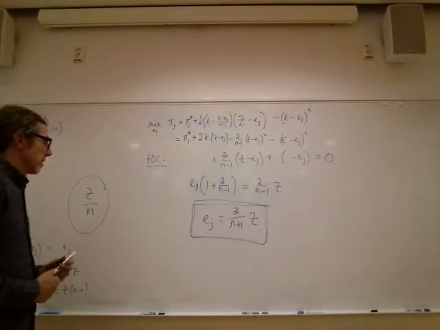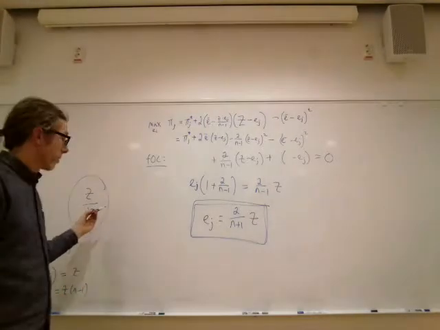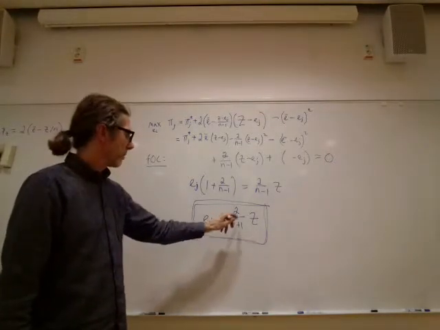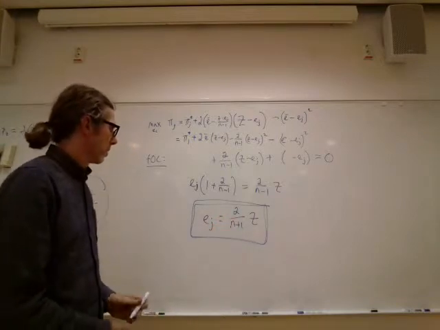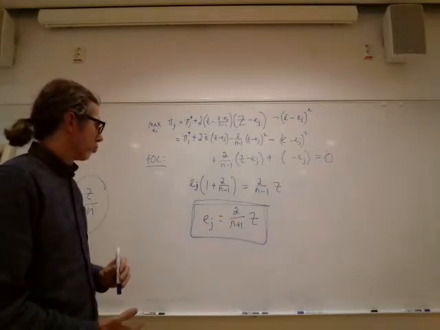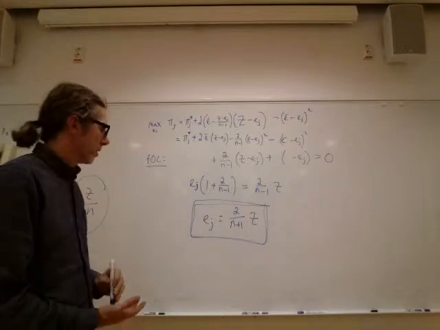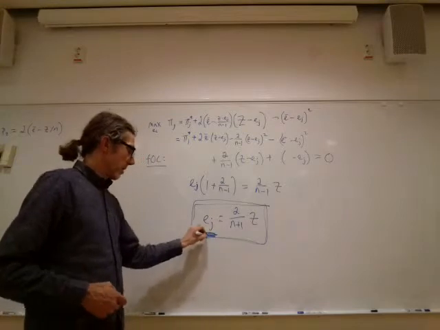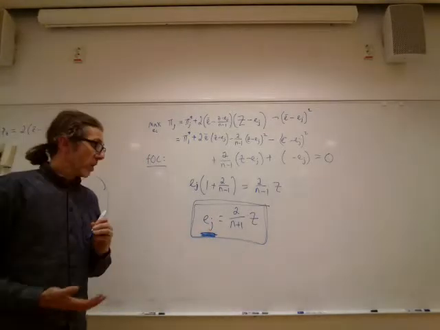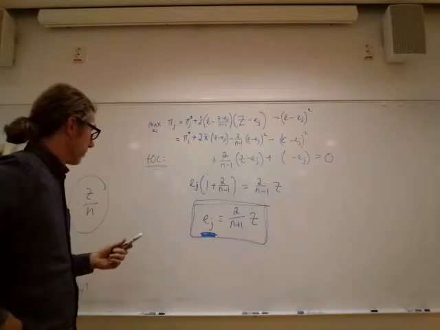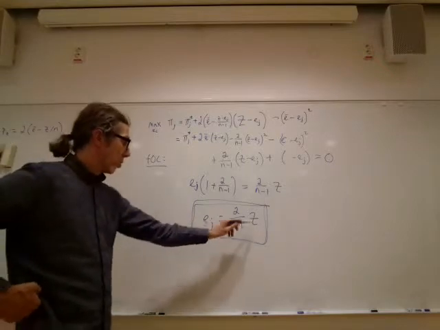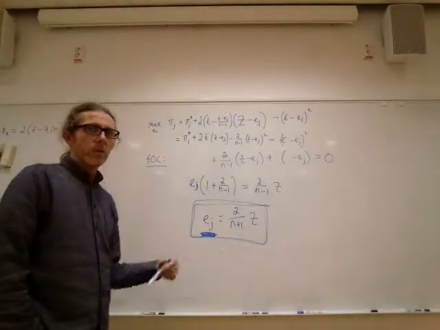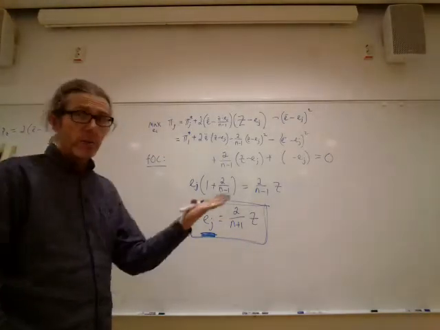So if N is 3, for example, we'd have Z over 3 here, and here we have Z over 2. Right. And this is the monopolist, J. So the monopolist is emitting more and selling fewer permits to drive the permit price up.